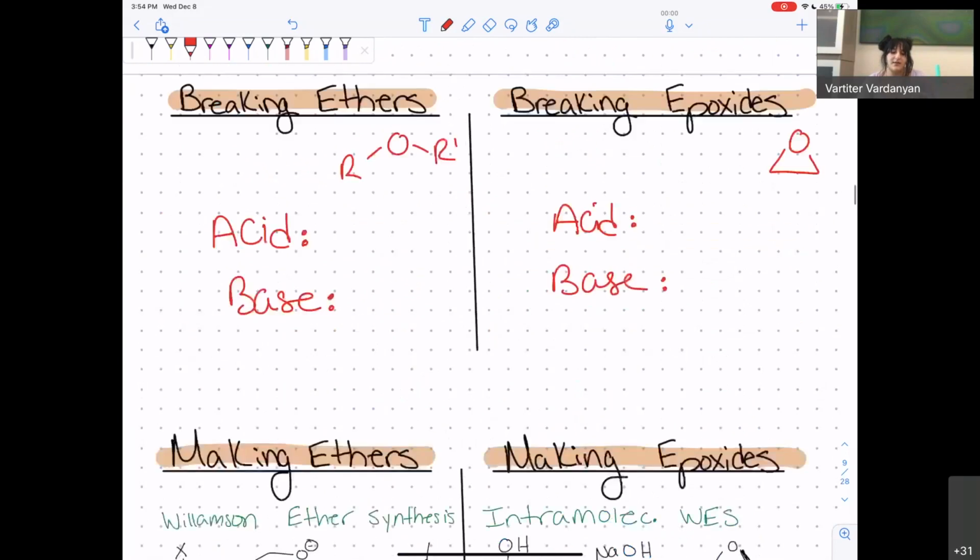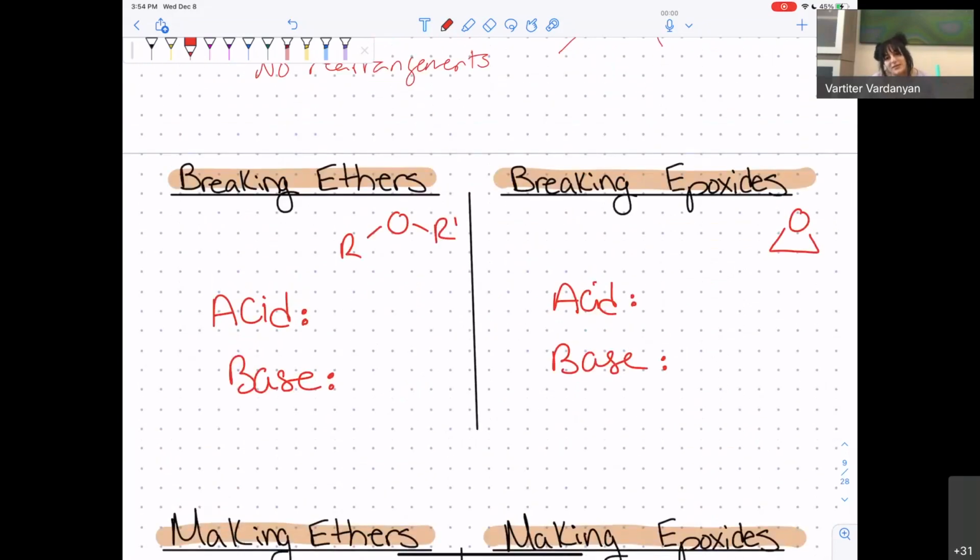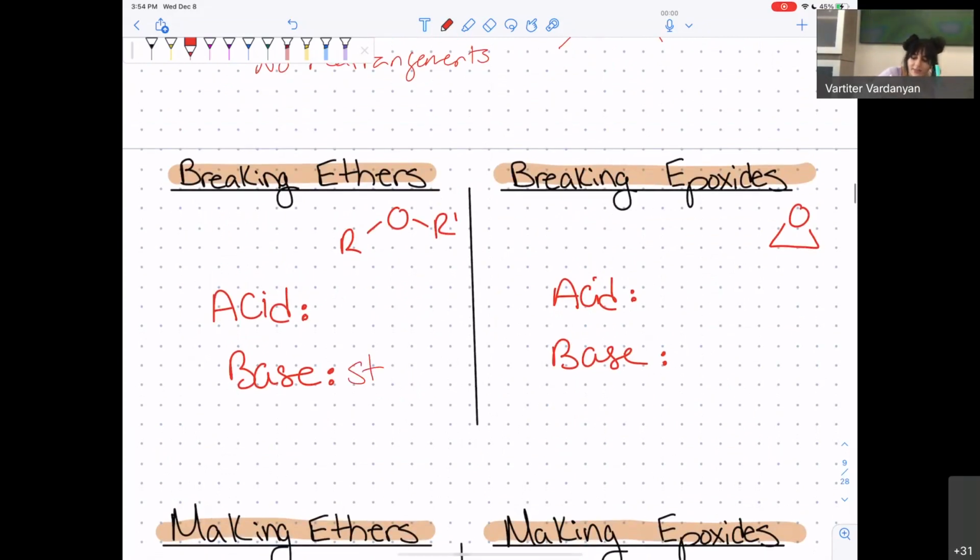That's pretty much it. For breaking ethers and epoxides, it's a little bit different in acid and base. So ethers, cyclic or linear, are stable in base and reactive in acid. And in acid, the order of reaction is 3, 1, 2, because it's a pain.